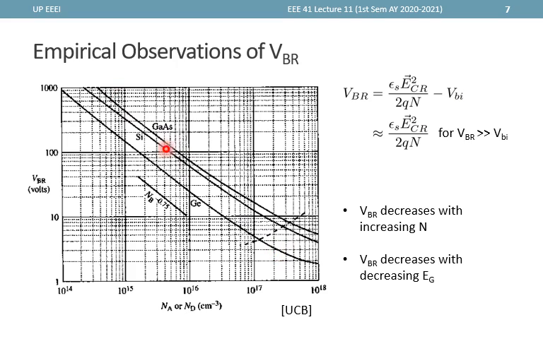At this portion, avalanche breakdown is dominant. At this portion, tunneling is more dominant, and we can see a tapering off of the slope, since the critical electric field changes when we start going into the tunneling dominant region.